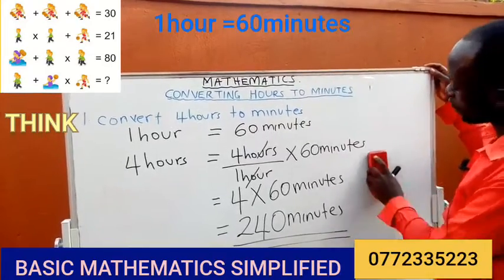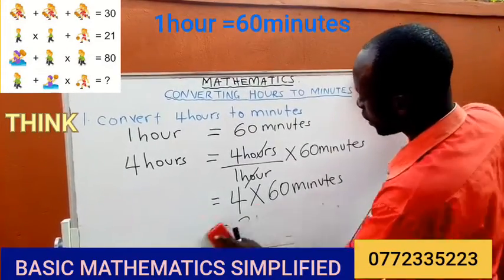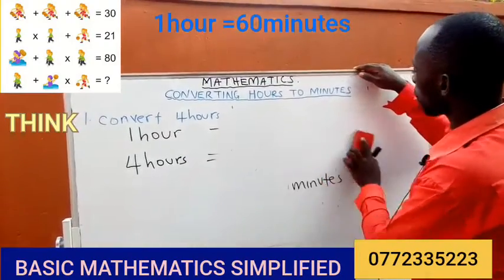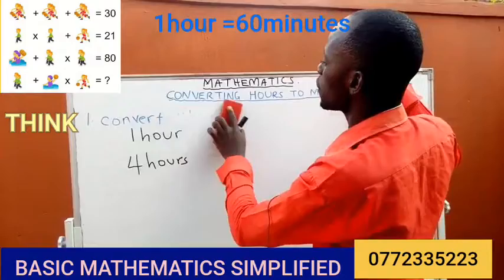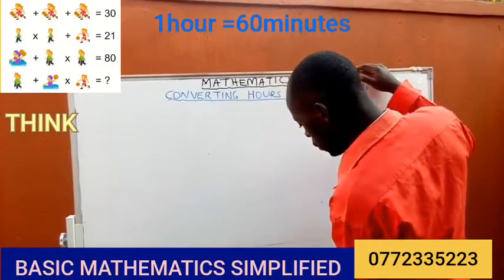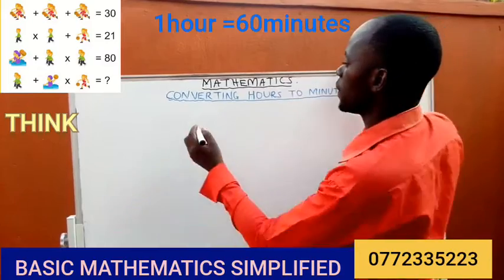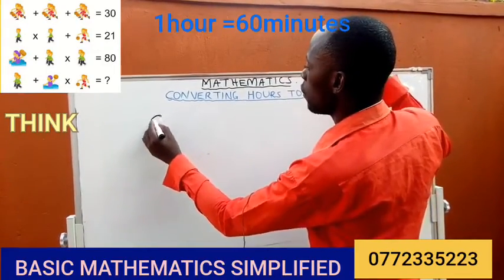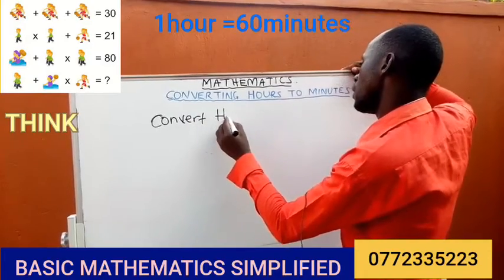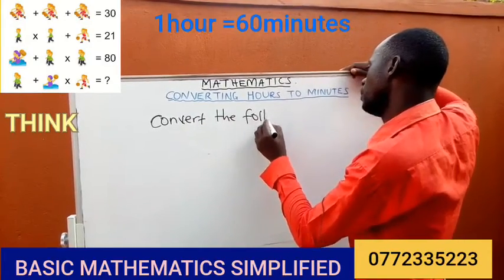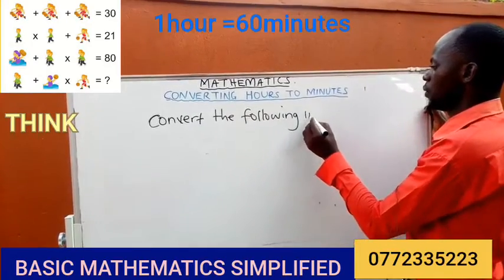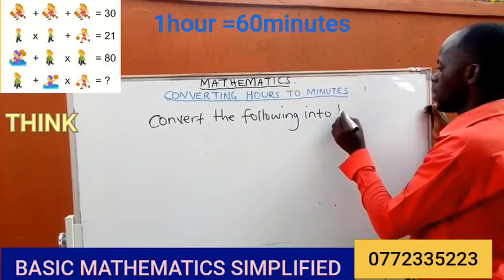Look at this work carefully, and then I will request that you answer this simple exercise. The exercise is very simple, and I believe all of you are going to pass it rightly. So, convert the following into minutes.